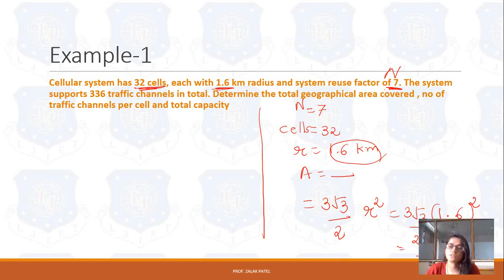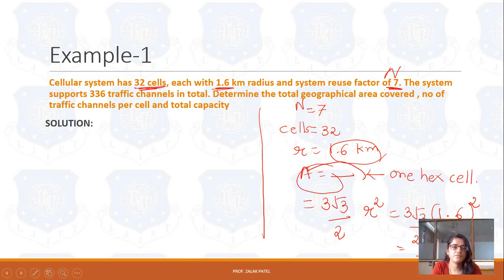This area is for one hexagonal cell. If you calculate this term, the answer is 6.65 kilometer square for one hexagon cell.